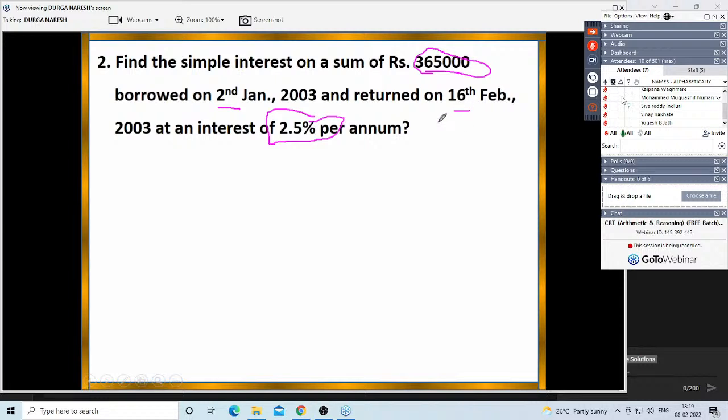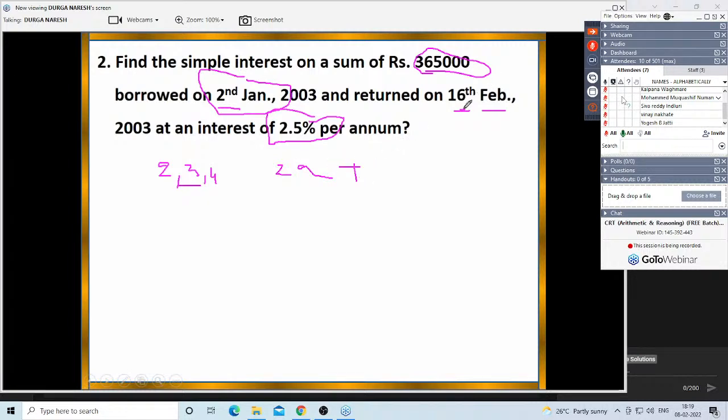Whenever they give the days, please consider 2nd January itself also, but don't consider 16th February itself. It means including 2nd, including 3rd, including 4th. So my suggestion to everyone is: after 2nd January, excluding 2nd January, in January month 31 days are there, so 29 days.